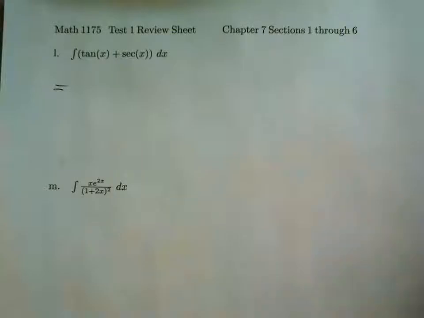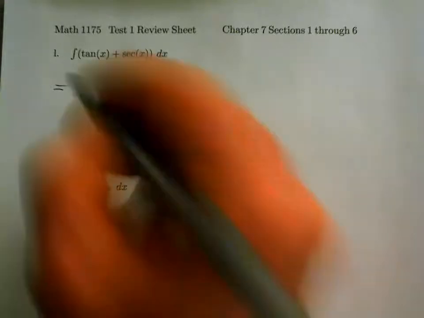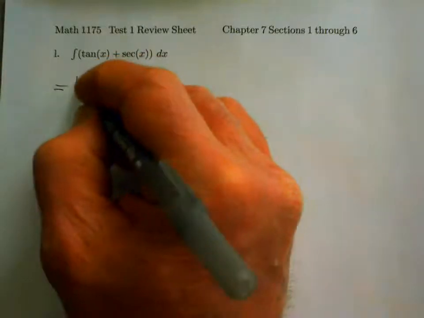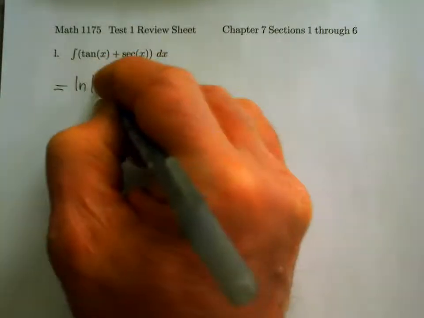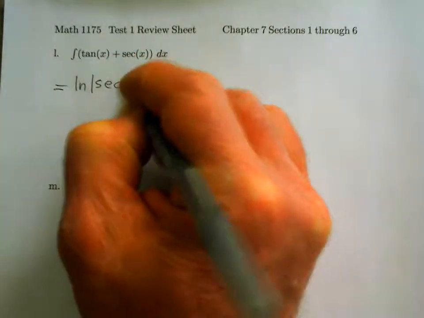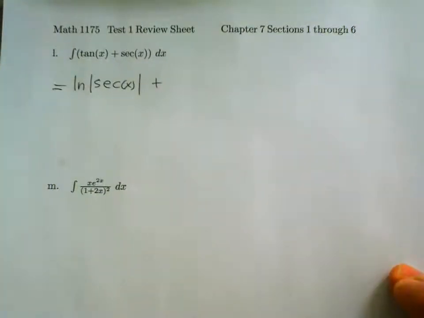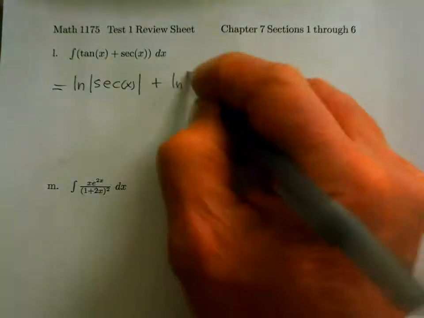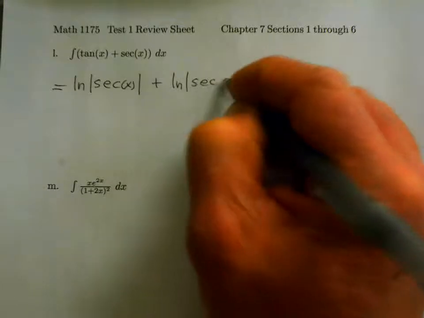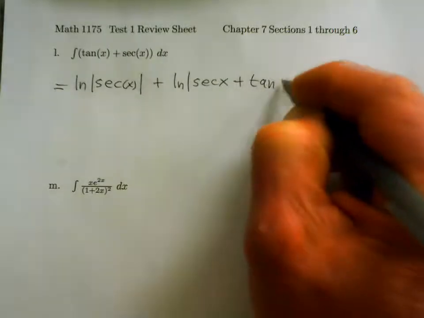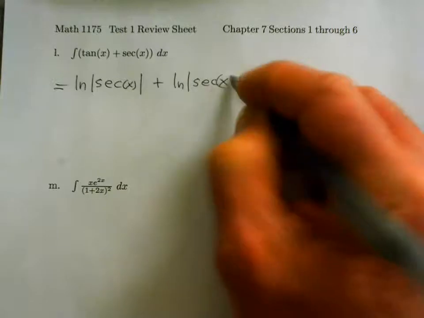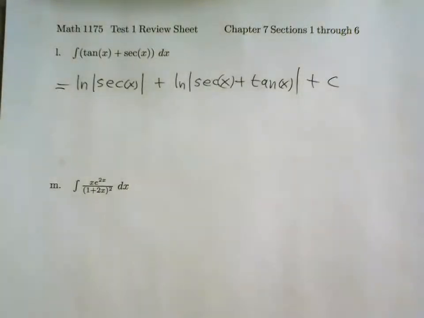There's more than one way to write the antiderivative of tangent of x, but the most common one seems to be the natural log of the absolute value of secant of x. And then the antiderivative of secant of x is the natural log of secant of x plus tangent of x. And that's all there is to that one.